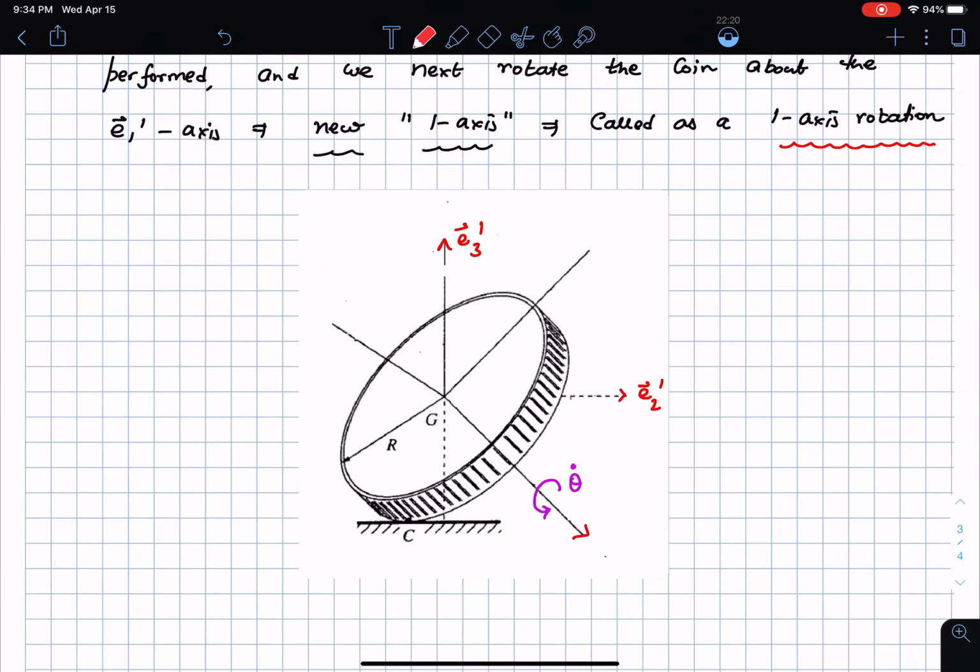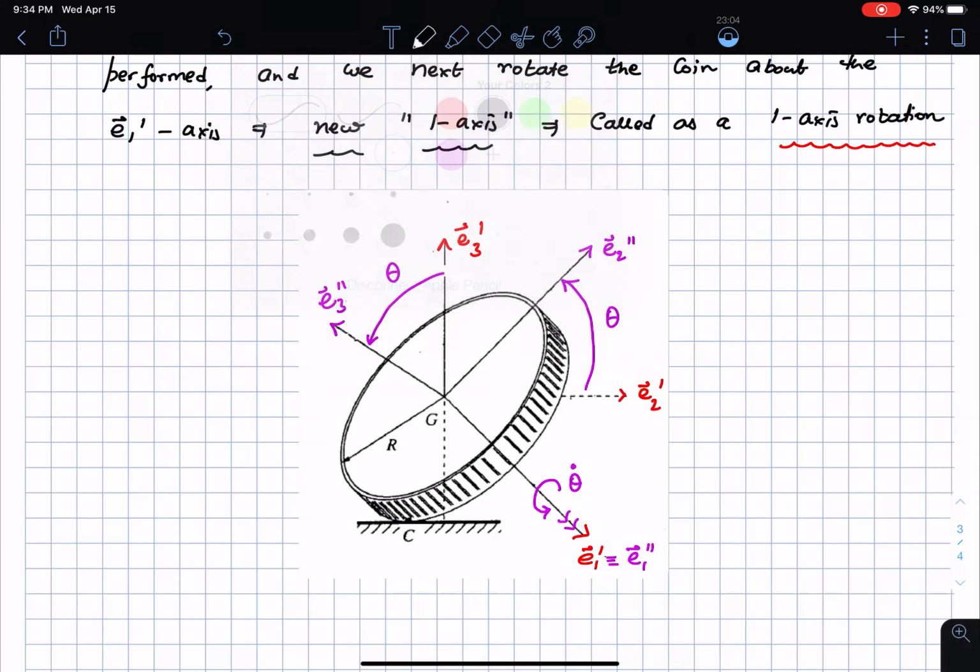So first I had E1 prime, and this will be the same as E1 double prime. This is going to be E2 double prime, which means that this is a rotation of an angle theta. And then this one here is going to be E3 double prime, and you'll see that this rotation is by an amount theta as well. So I have the rotation rate theta dot about the E1 prime or the E1 double prime direction.